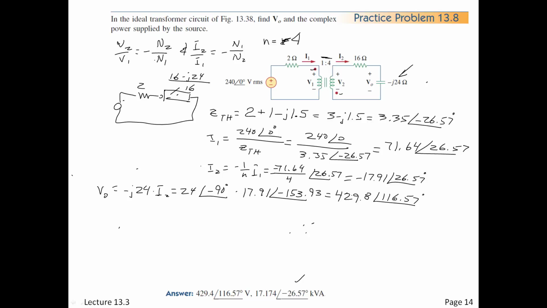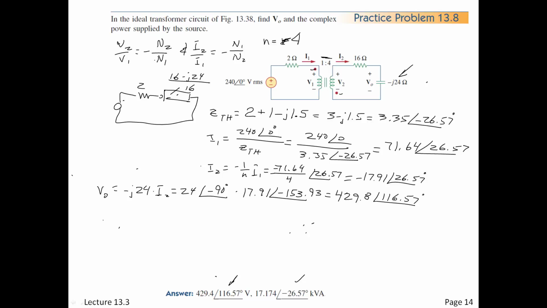Hopefully, well, that's looking possible. Look, here is that current right here. Pretty close. Okay. And you can see that was sort of coming with this 26 plus 90 from the j24. You're going to end up with something around 116, getting that all straight.